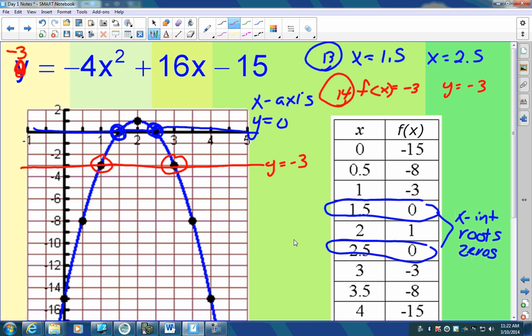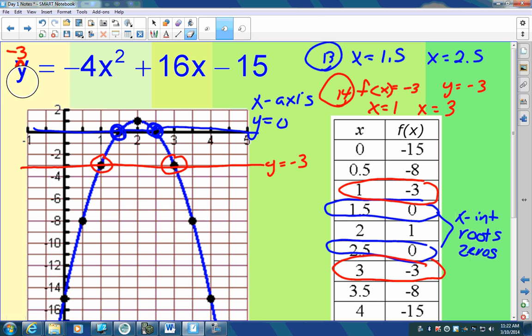These would be my answers where y is -3. So now my x numbers, which this is still problem 14, you would write x equals 1, x equals 3. Okay, we should have those down.